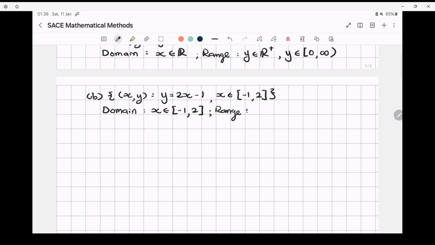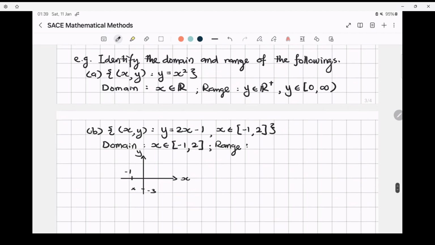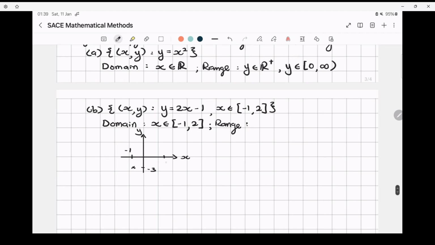So if you plot the graph, you start from -1. So let's say this is -1. So you substitute -1 inside, you get -3. So this is -3, for example. And then you end at 2.